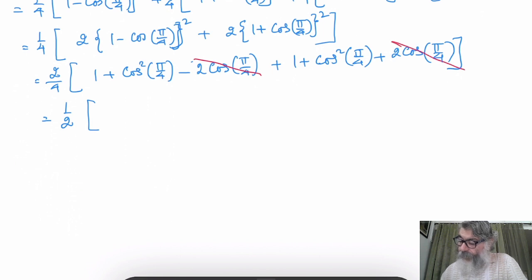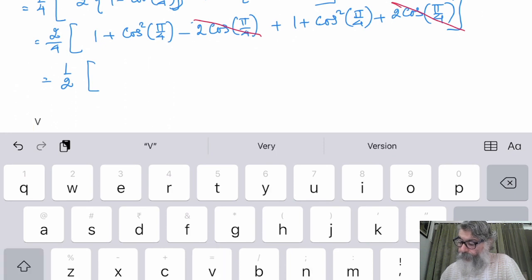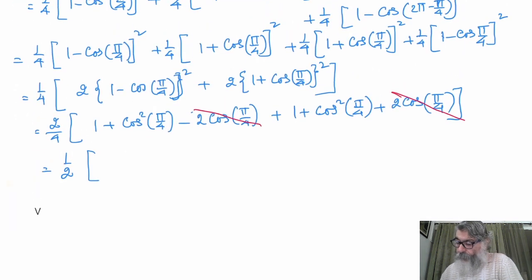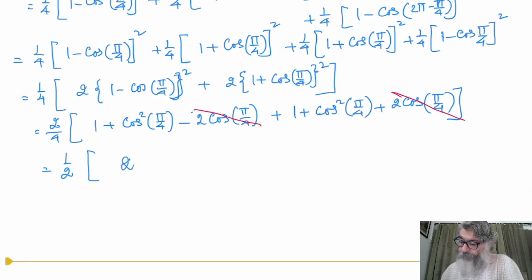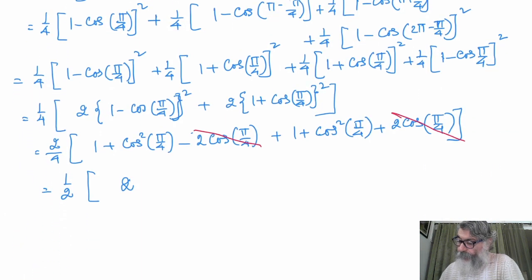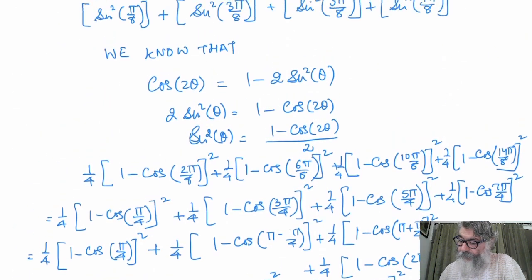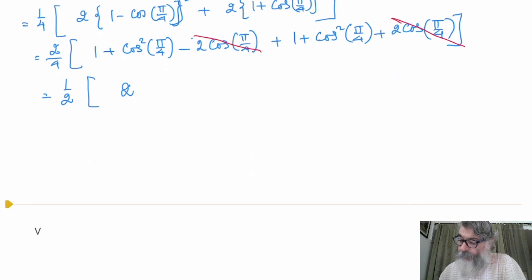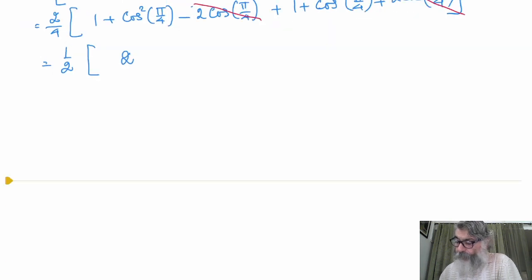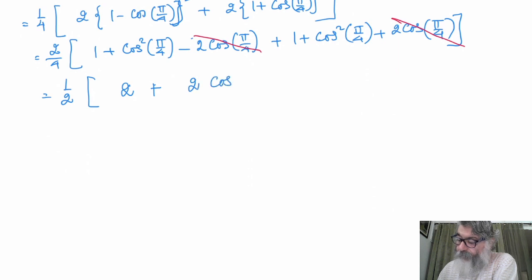I'll be left with 2 plus 2 cos square pi by 4.